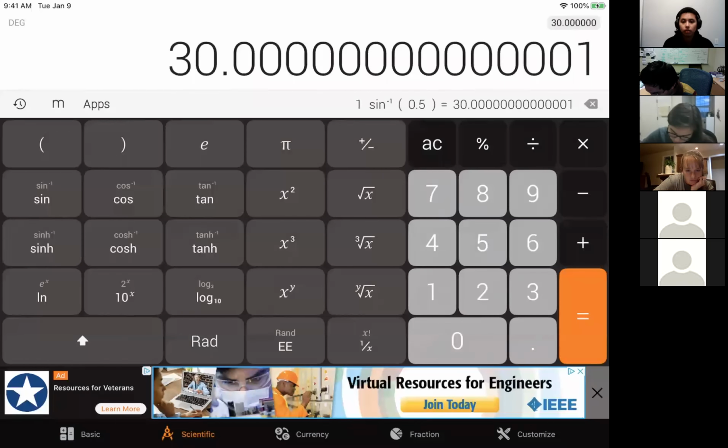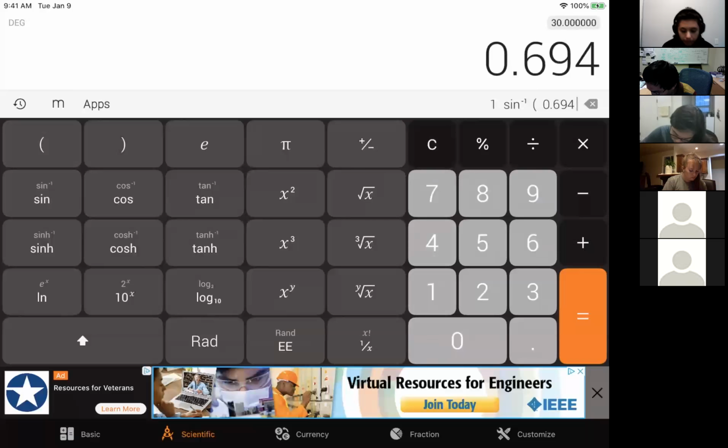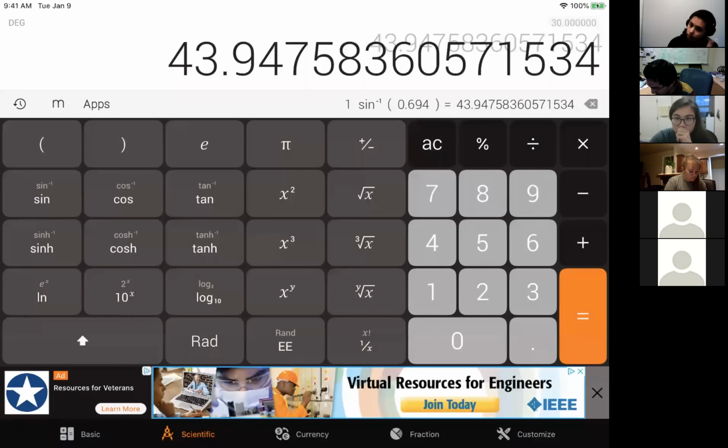So what we need to do is put in this sine, 0.694, right? If you remember, we are trying to find the angle which has a sine of 0.694, and I make it equal. It's 43.9, like 44 degrees.